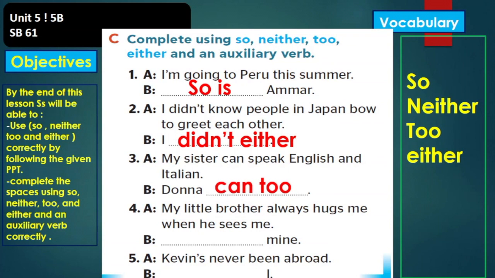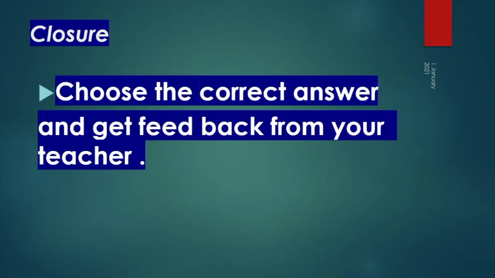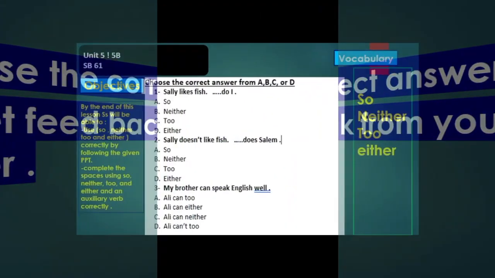Yes? And my little brother always hugs me when he sees me. Yes? So does mine. Kevin has never been abroad. Neither have I. Yes, now choose the correct answer and get the feedback from your teacher.